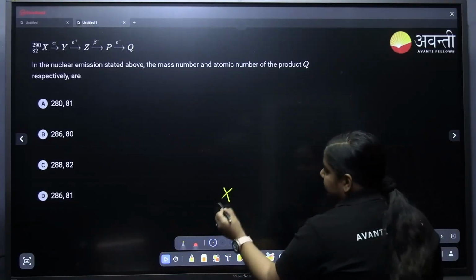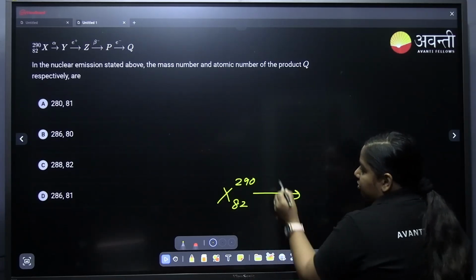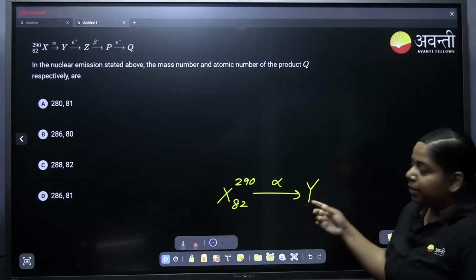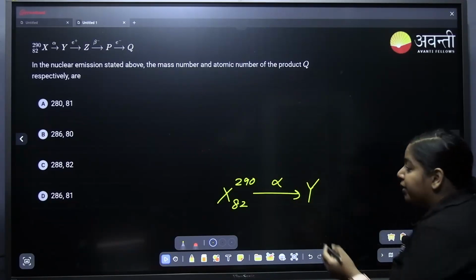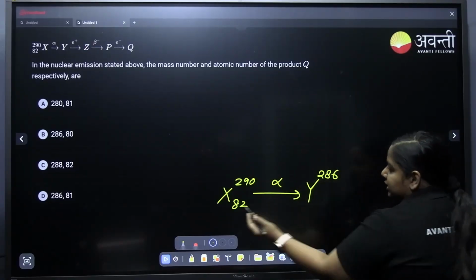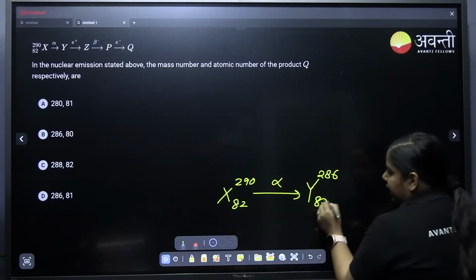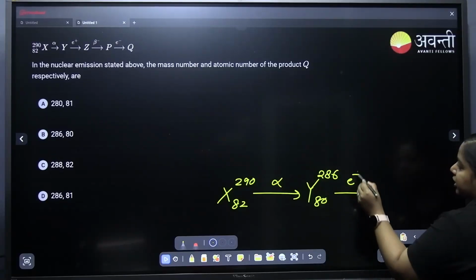So from X 290, 82, alpha particle is emitted and becomes Y. When it becomes Y, I told you when alpha particle is gone, mass number is reduced by 4. So 290 minus 4, 286, and atomic number reduced by 2. So this becomes 80.